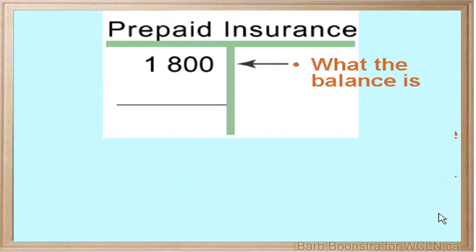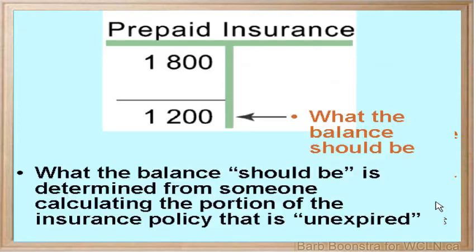When a year has gone by, you'll use 1/3 of it. So basically, only 2/3 of it should be left, which is $1,200. The rest of the insurance was used during the year because you've been insured for that year. The balance of prepaid insurance now should only be $1,200.